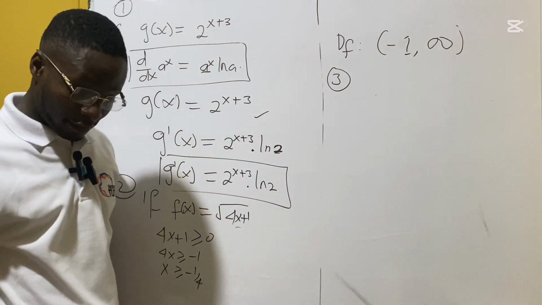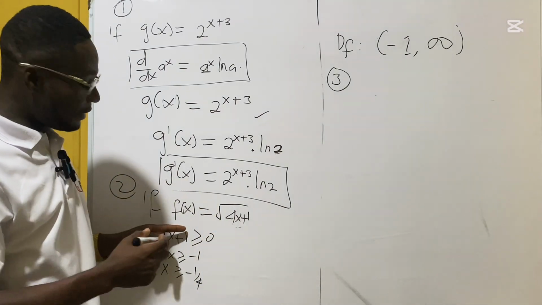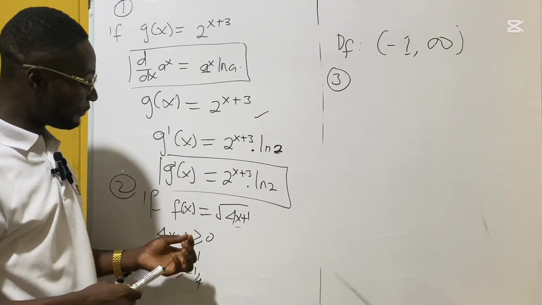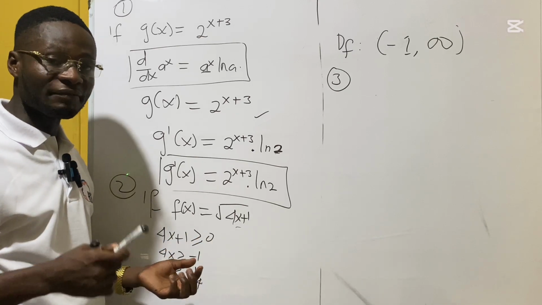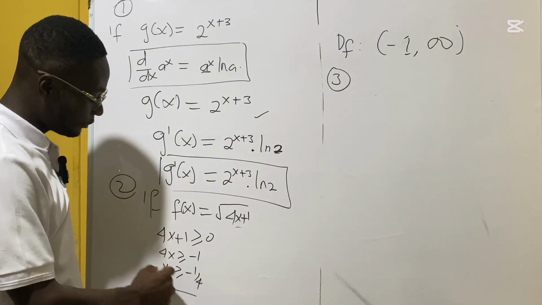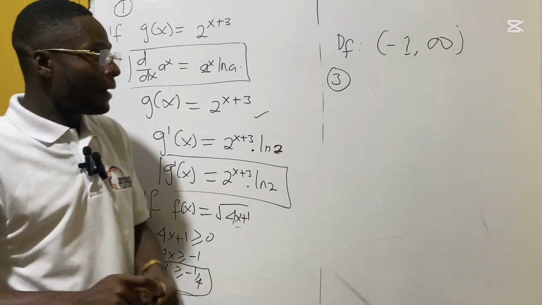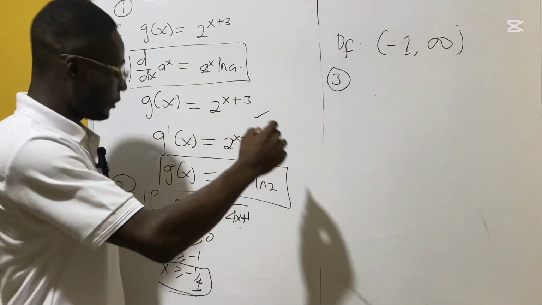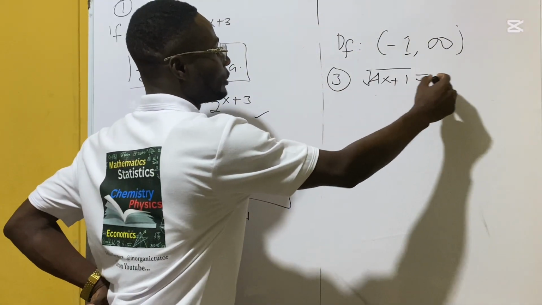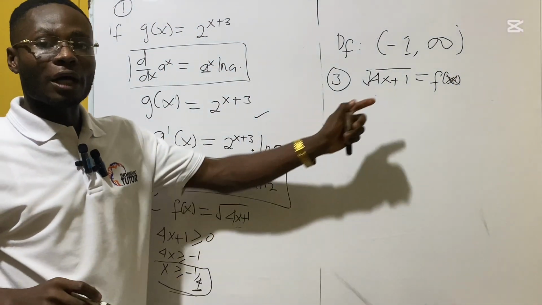Problem number 3. We want to check if this particular function has an inverse. So how do we do that? If you want to check if this function has an inverse, then the expression you have here, x plus 1, which is equal to f of x, should be a one-to-one function.